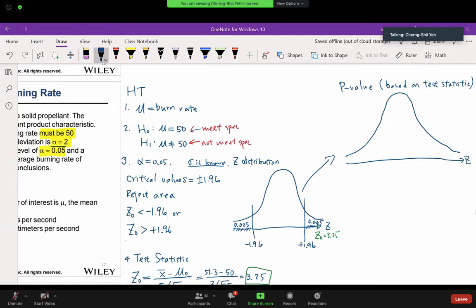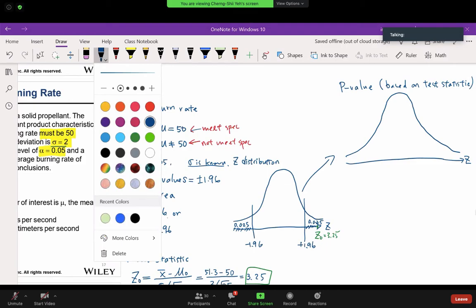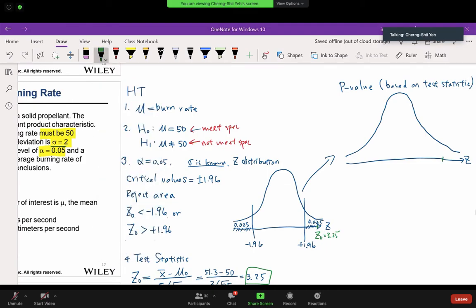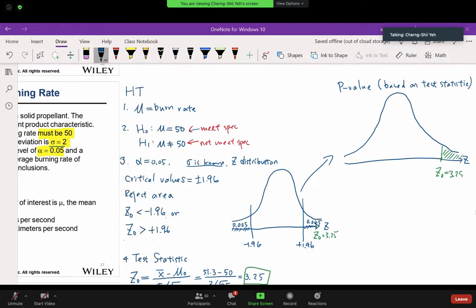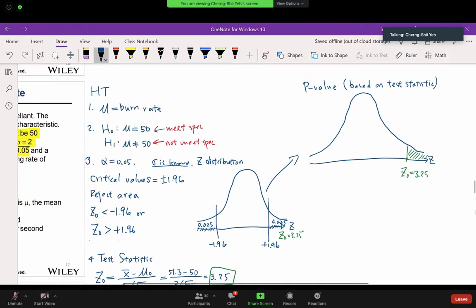This is my Z, and this is my test statistic. This value is 3.25. What is p-value? P-value is how we quantify this test statistic into probability under this bell curve. It's this green highlighted area over here. We know the area under this probability function is a probability. So let's calculate this area.